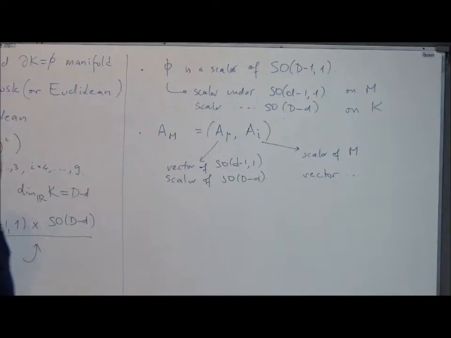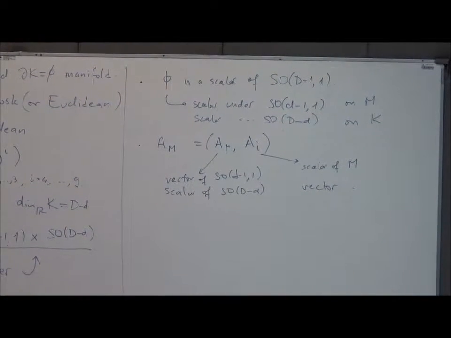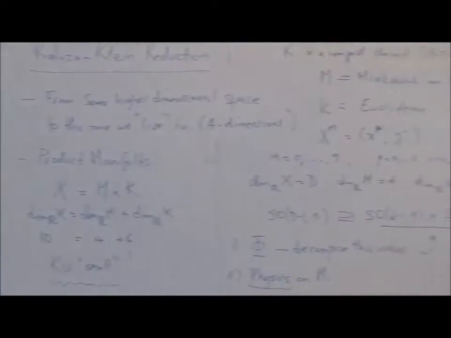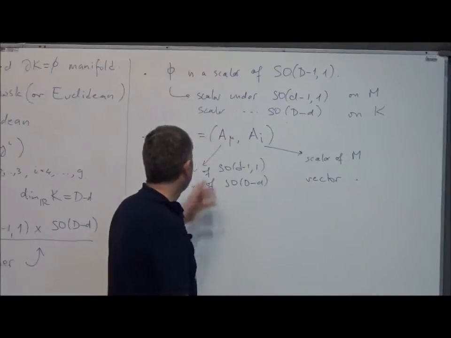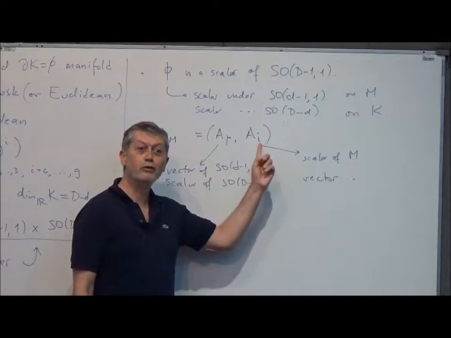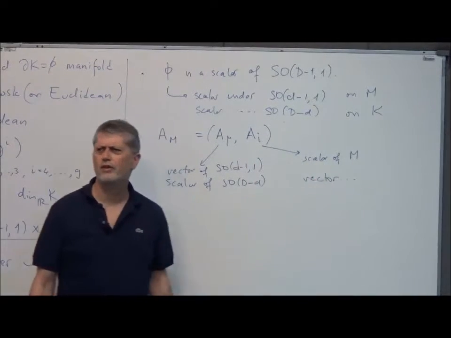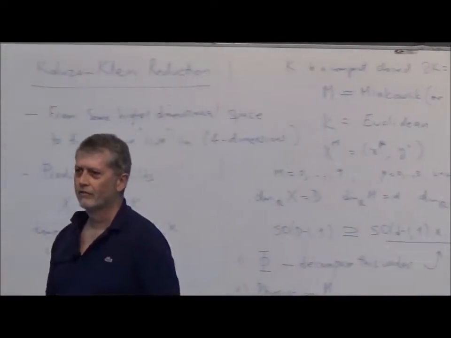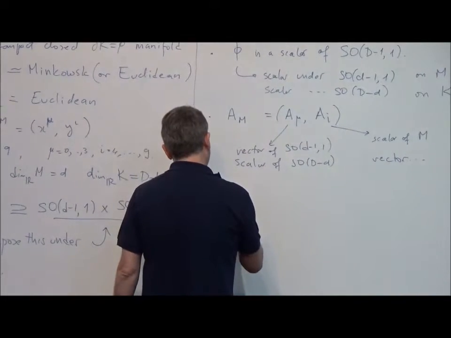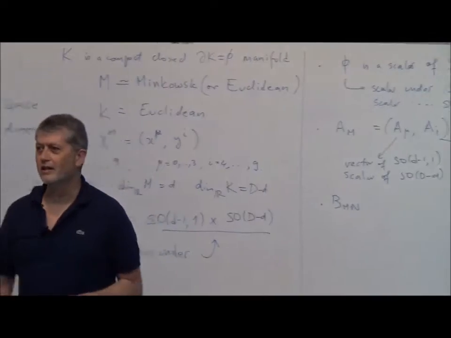And so you can already see things are a bit peculiar, because from my point of view on my space-time, what was a vector in 10 dimensions has suddenly become a vector and a bunch of scalars. For every value of i I get a scalar. Okay? So already something odd is happening from my lower-dimensional perspective. How about an antisymmetric 2-form? You've probably noticed that these are things which appeared in the last lecture.